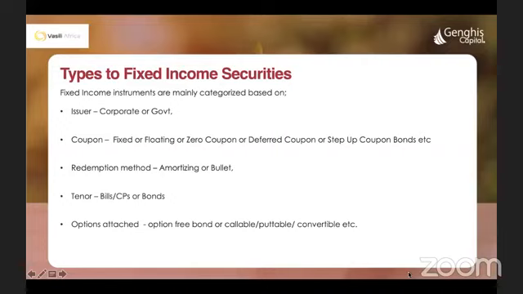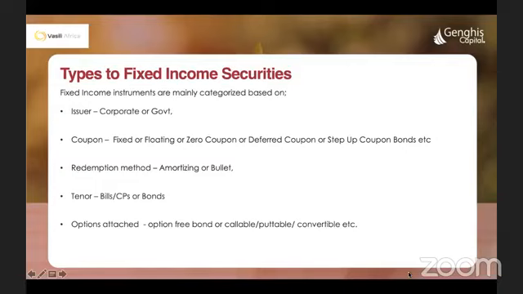A puttable bond is now the opposite of a callable bond. You issue a bond, then you attach a put option. A put option gives the investor the right to put back the bond, to give the bond back to the issuer. It's like you are forcing the issuer to take the bond. So for puttable bonds, the put is exercised by the investor. The call is exercised by the issuer.